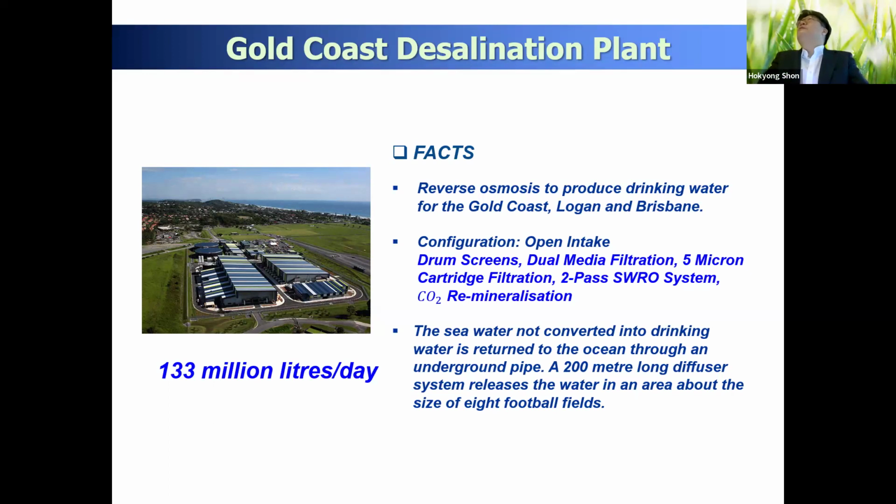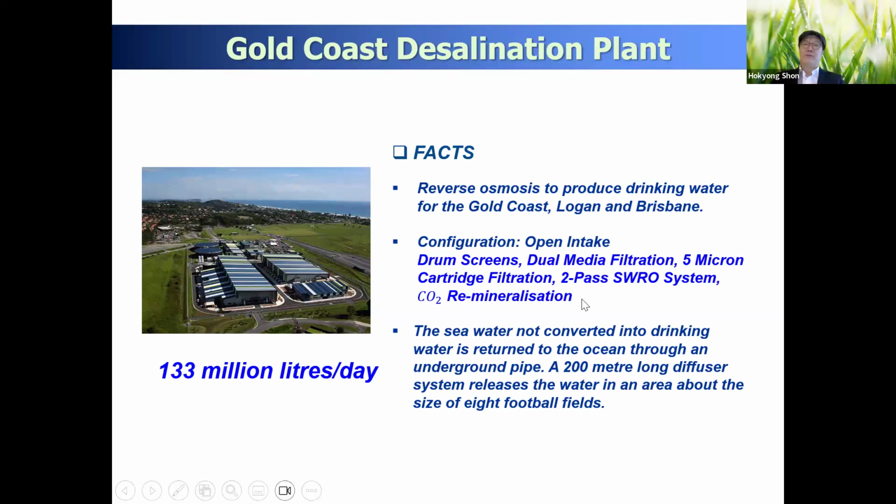So when you have your assignment, you need to look at what process you have to select, right? If we look at Gold Coast, Veolia is in charge of this plant together with Sydney desalination plant. Veolia is operating 2 desalination plants in Australia. Gold Coast and Sydney are very much the same.